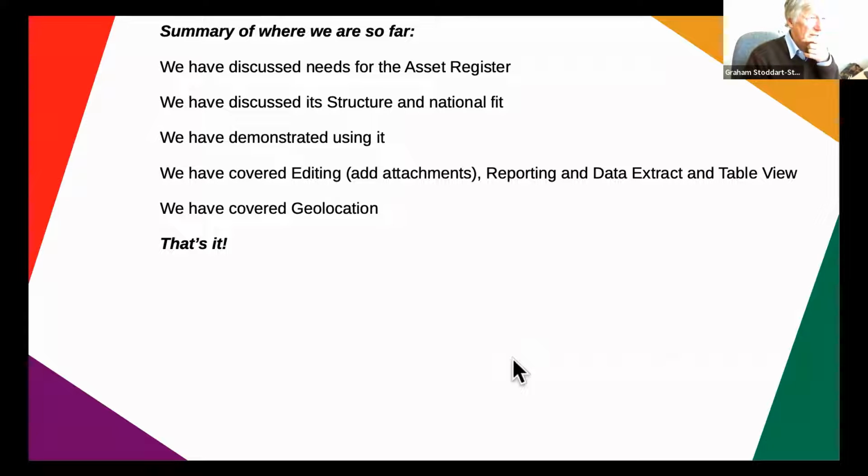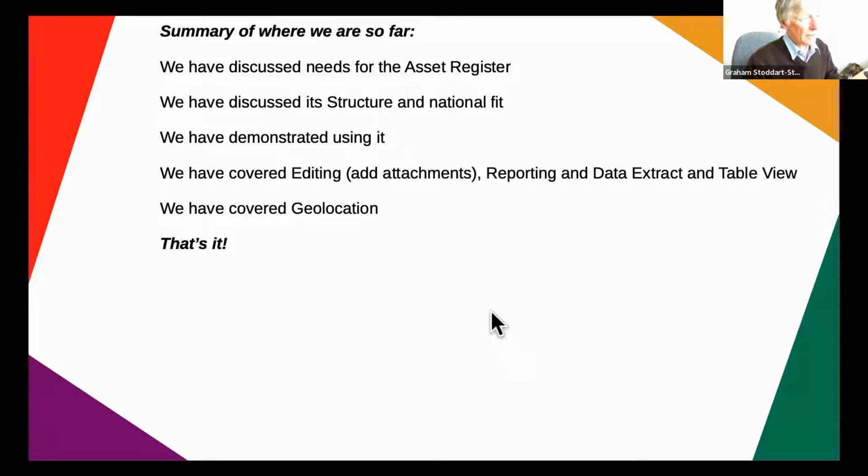So we've discussed why there's a need for the asset register, i.e. insurance. We've discussed the structure, that you have no control over it, but you do control the data that goes in, and in theory, the data that comes out, but clearly we have an issue with defibrillators at least. I demonstrated using the asset register, and some of you have been following along and creating records.